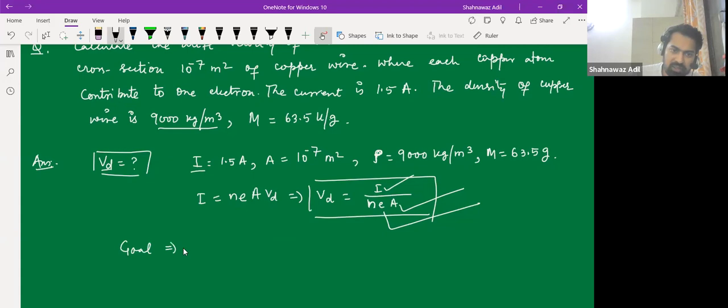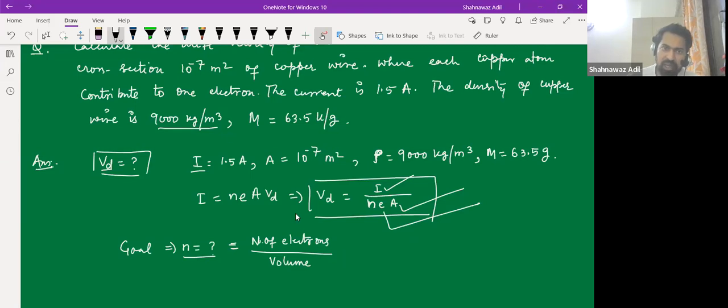So the goal is to find out the number density, right? And to find out the number density, we have to find out the number of free electrons, right? And this number density is number of electrons divided by volume.